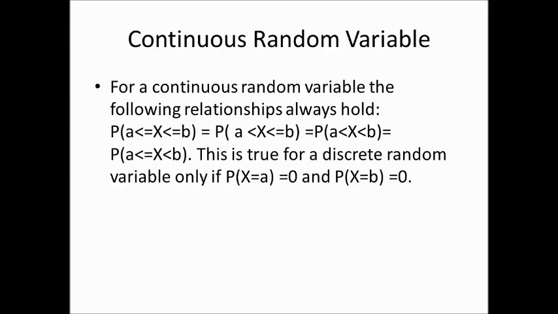This is true for a continuous random variable simply because the probability attached to a specific value for a random variable is always 0. Now, this is true for a discrete random variable only if probability x equal to A is 0 and probability x equal to B is 0.